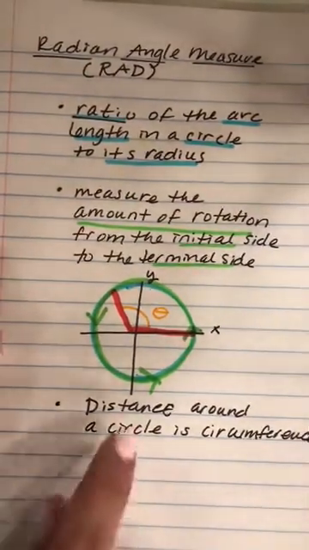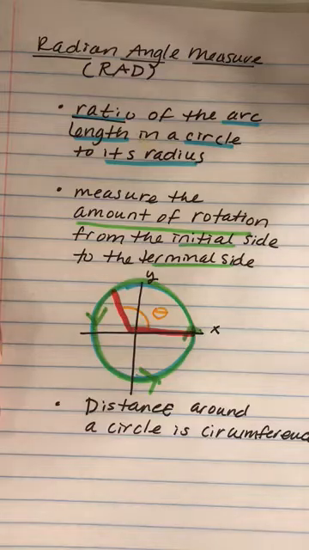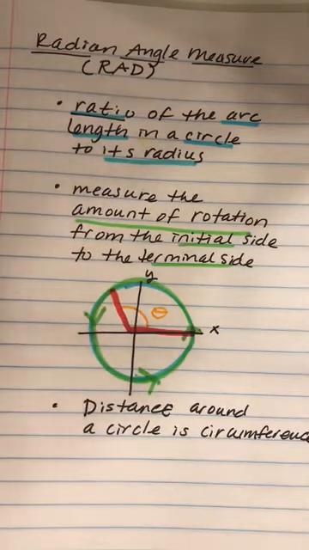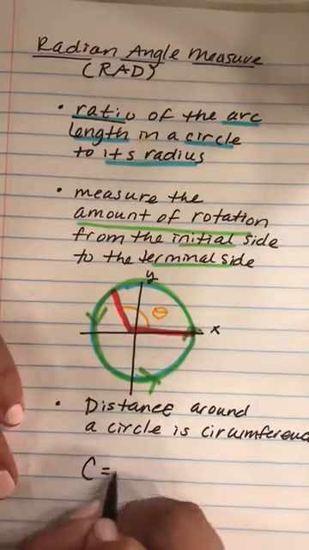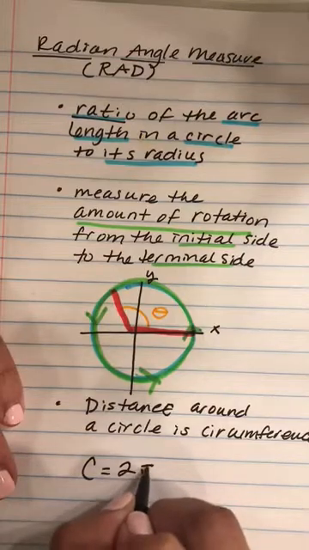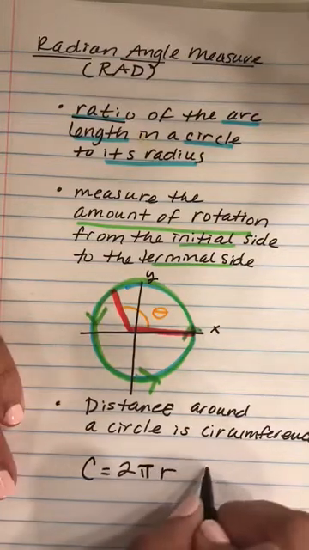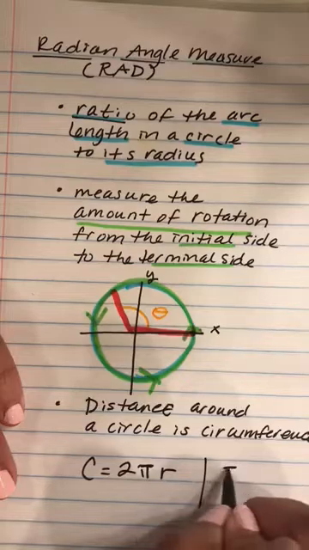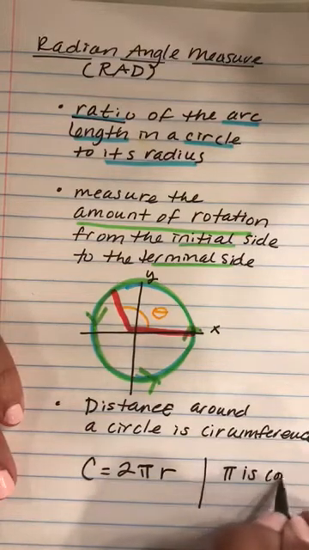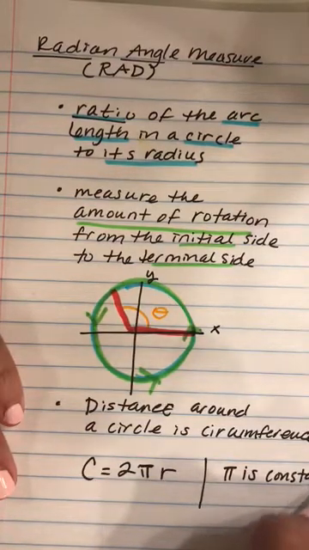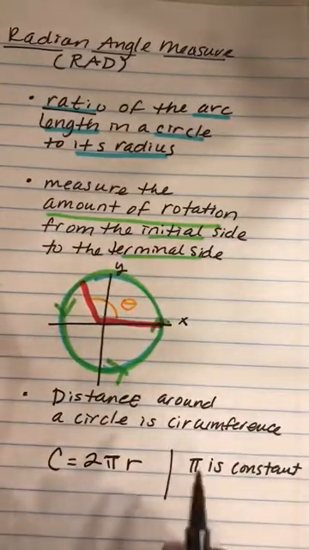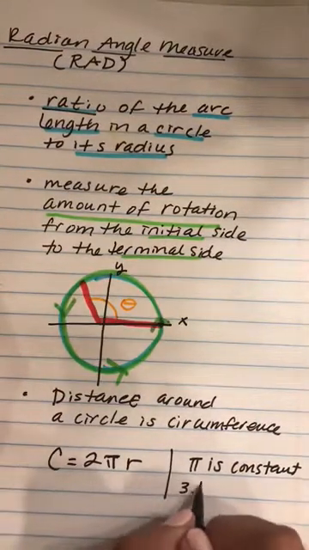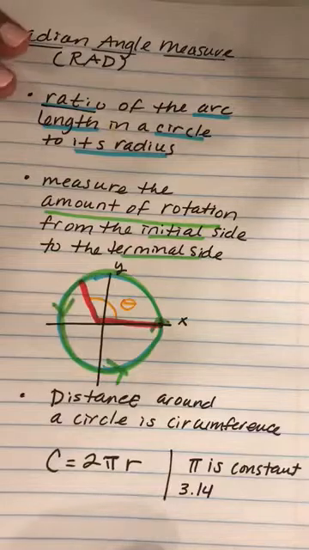Now that I'm saying the distance around the circle is the circumference, we're also saying that it can be a rotation. So in this case, you have C equals 2 pi r, and pi is a constant. Since pi is a constant, pi is equal to 3.14, but we use only pi now.